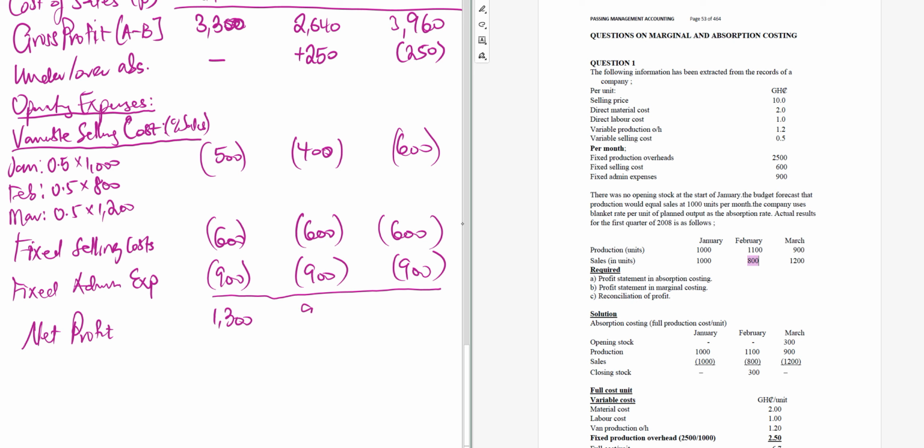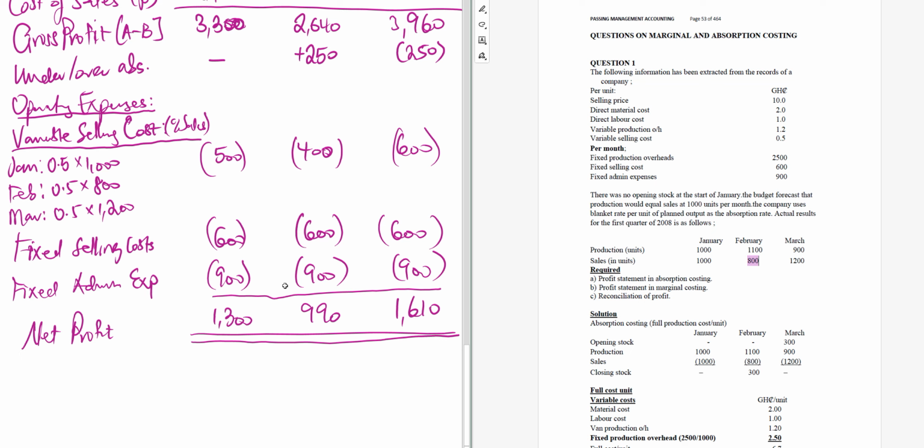That gives us 990. Then we have 3,960 for March, minus under absorption of 250, minus expenses of 600, 600 and 900, and that gives us 1,610. Okay, so that ends the absorption costing statement.